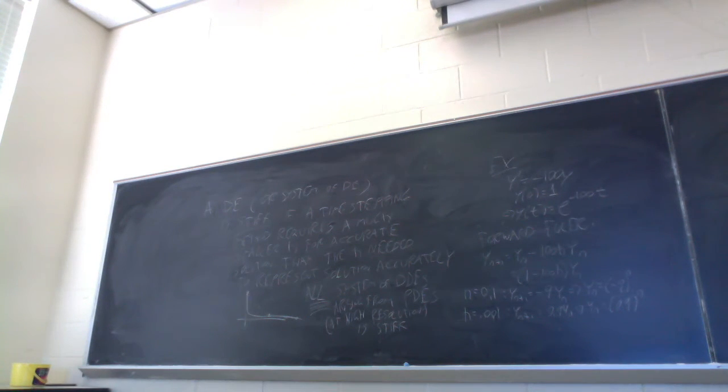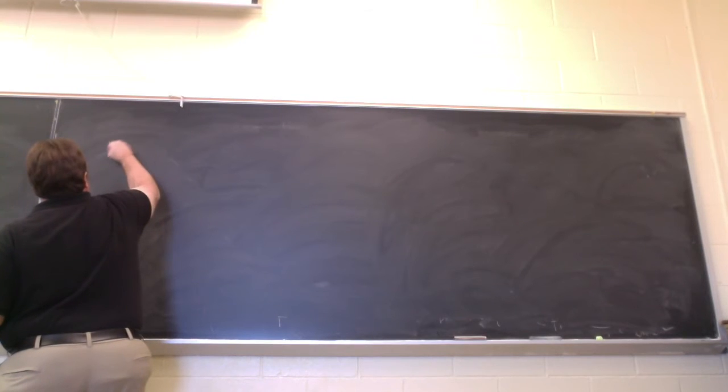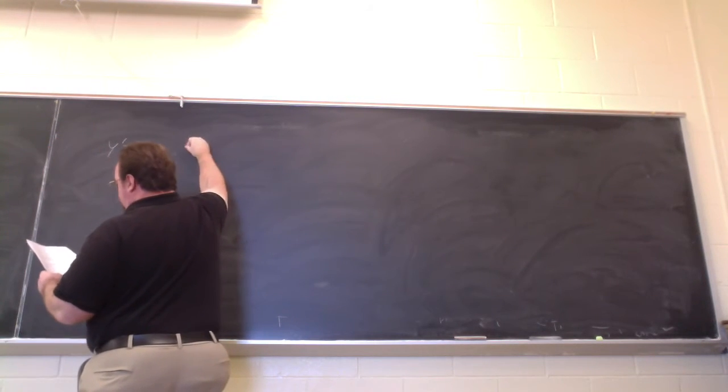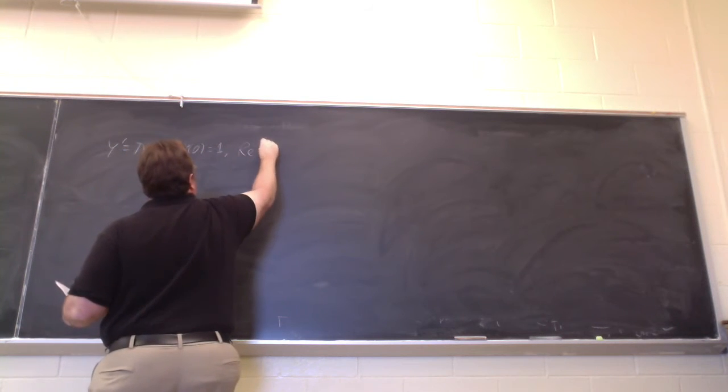So y prime is equal to lambda times y, y(0) is 1, and the real part of lambda is negative.